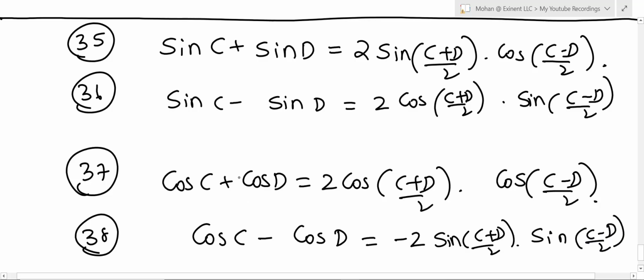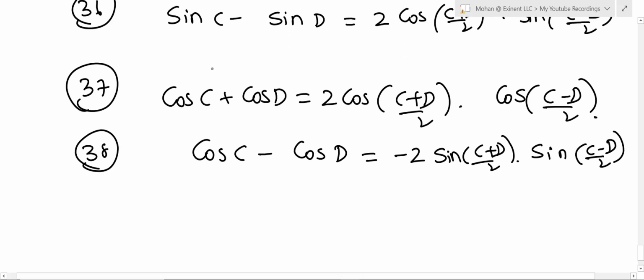For plus, both cos's are coming. For minus, both sines are coming. But in some textbooks we will be seeing a formula with no minus. I have told you a formula: sine of minus theta will become minus sine theta. So this minus I will give to this.